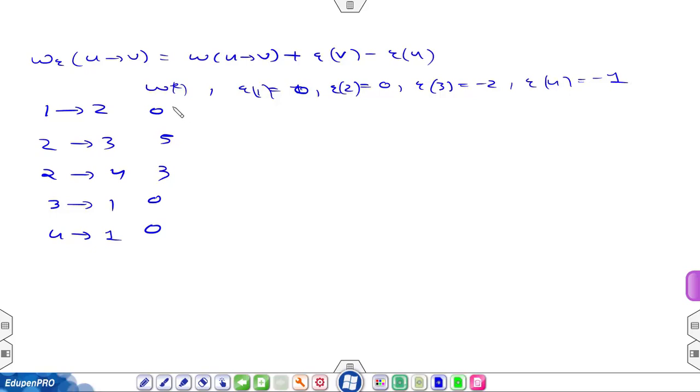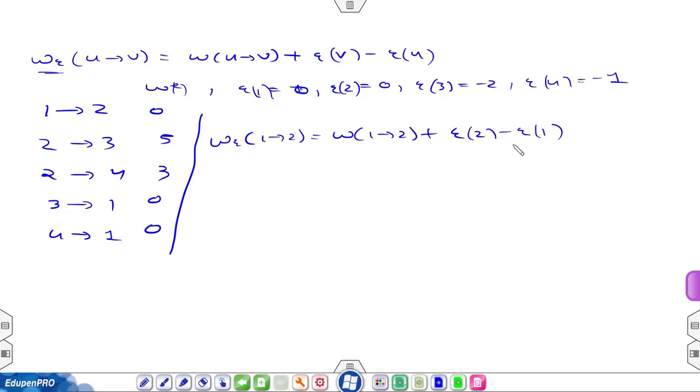So I have sufficient information to calculate the weight of the edges in the retimed graph. Okay, so WR 1 to 2 will be given by W 1 to 2 plus R2 minus R1, and that will be W 1 to 2 is 0 plus R2 is 0 minus 0, that is 0.